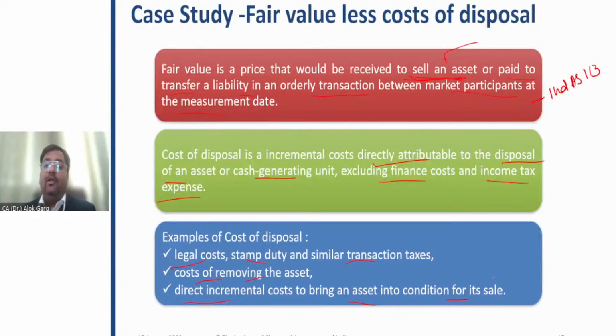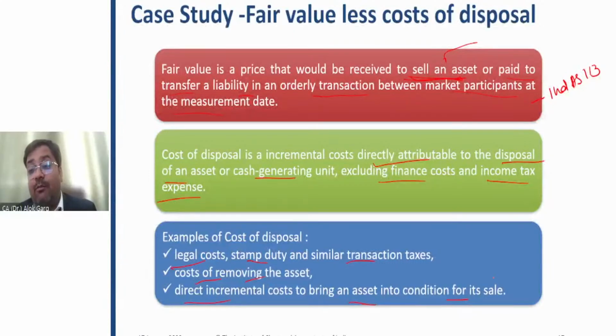For example, you have to sell a power plant, or you have to sell a plant. So in that case, you have to do the dismantling, you have to do the packaging, and then you have to ship that plant, let's say, to a foreign country. The buyer is in the foreign country and he is saying that you have to ship this entire plant to their location, then only they will do the payout. So in that case, you have to take some borrowings, you have to take a loan just to incur these kinds of cost.